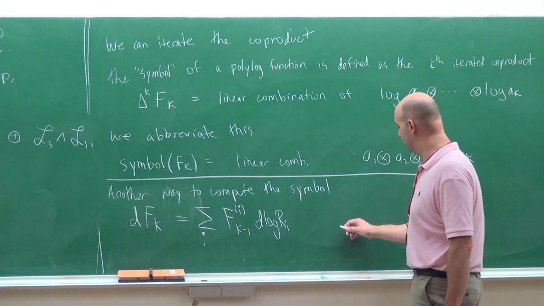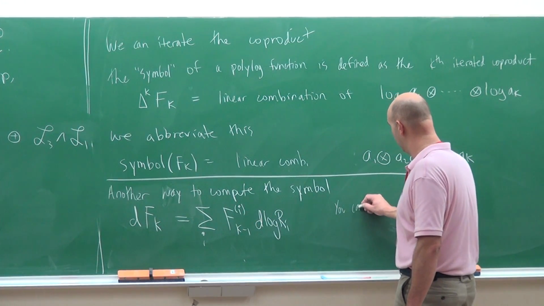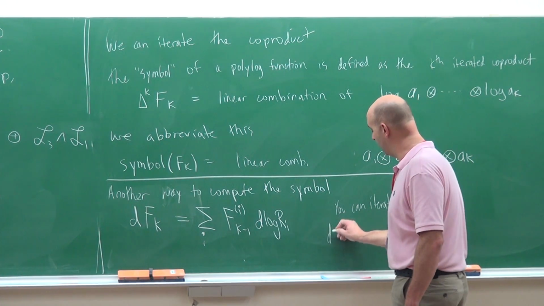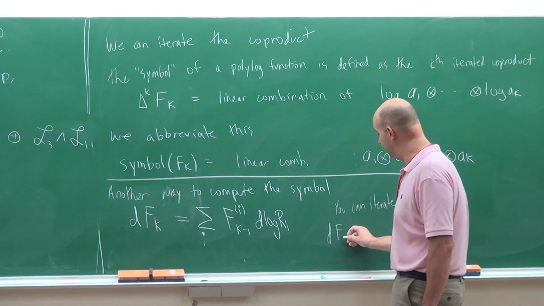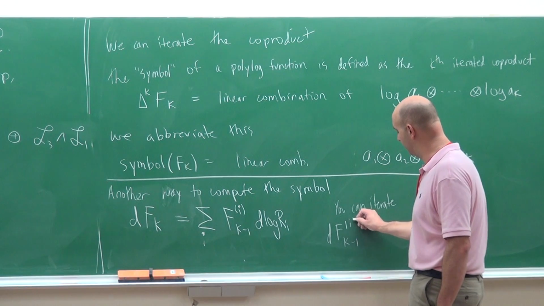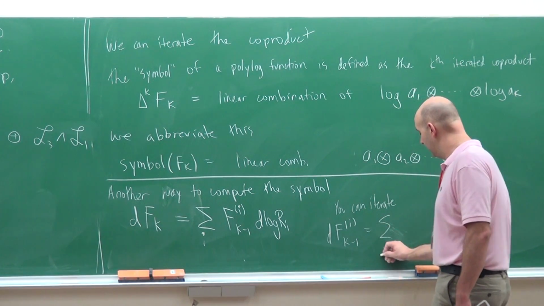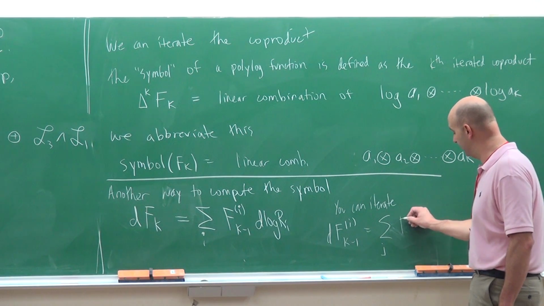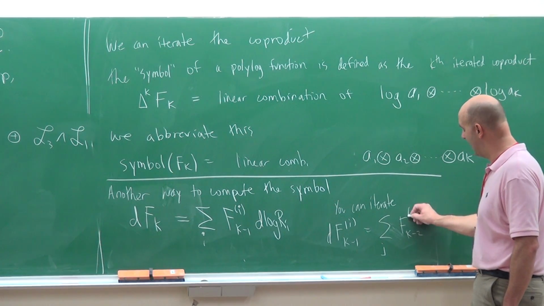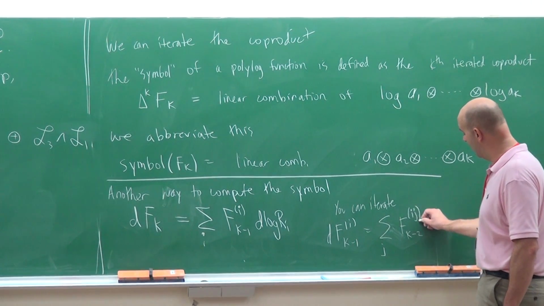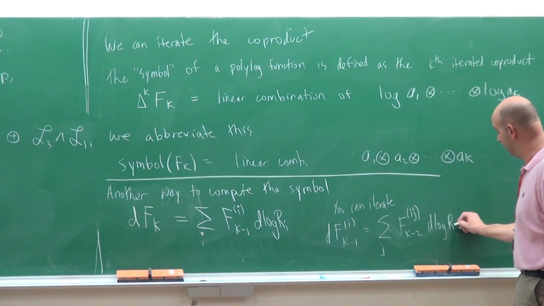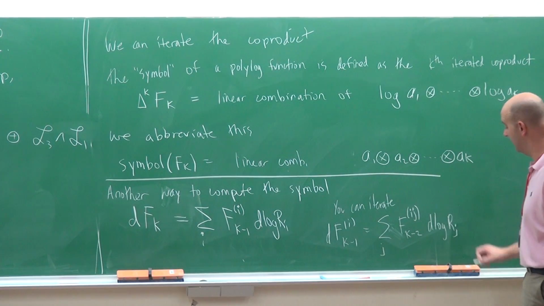Now you can iterate this. You can calculate the differential of these individual weight k minus 1 functions, and if each of those is an honest weight k minus 1 function, then it should be expressible as a linear combination of functions of weight k minus 2, etc.